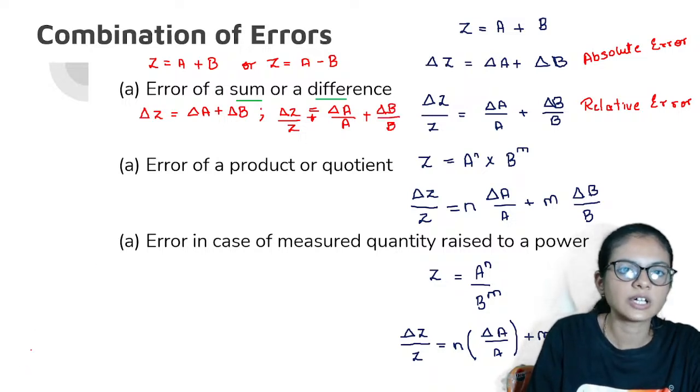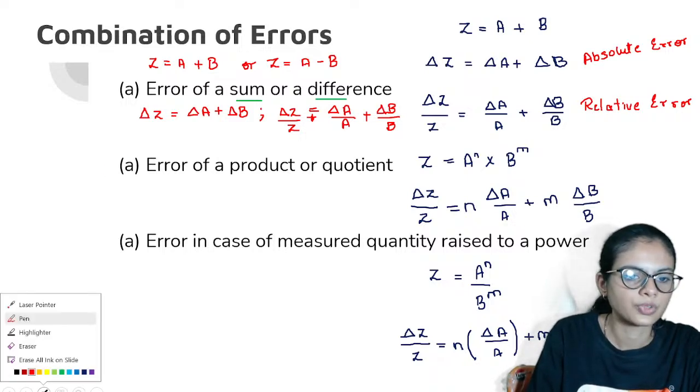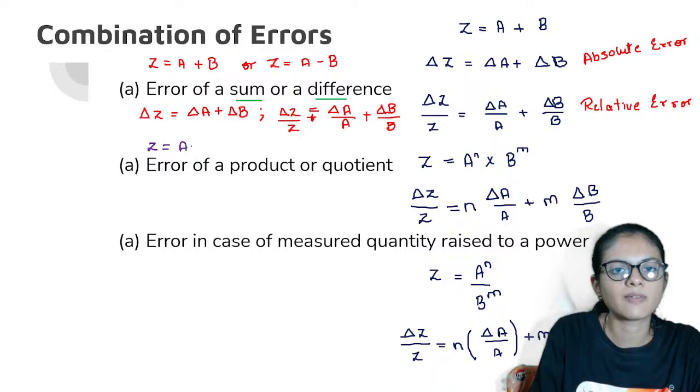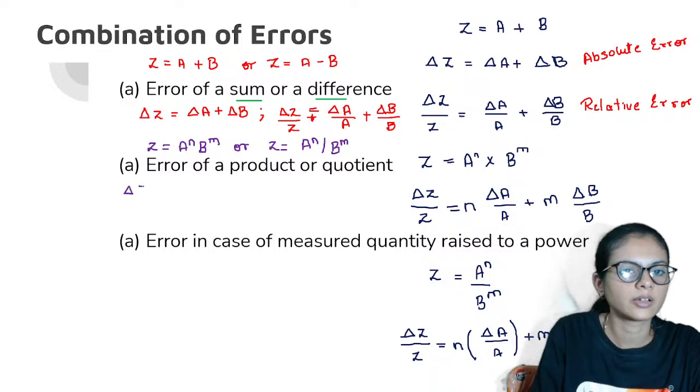Let me just change the color so we can differentiate the things. If z equals a power n b power m, or z equals a power n divided by b power m, then what will be the relative error?